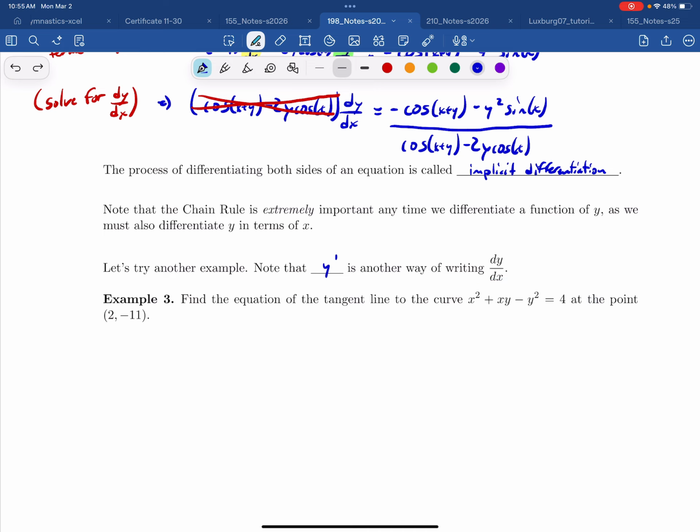Now, make sure that that's legit. I'm not quite sure that negative 11... No, I think it's okay. Is 2, negative 11 actually a point on the curve? If x equals 2, I don't think that quite works. Hold on a sec. We have 4 plus 4y minus y squared equals 4.